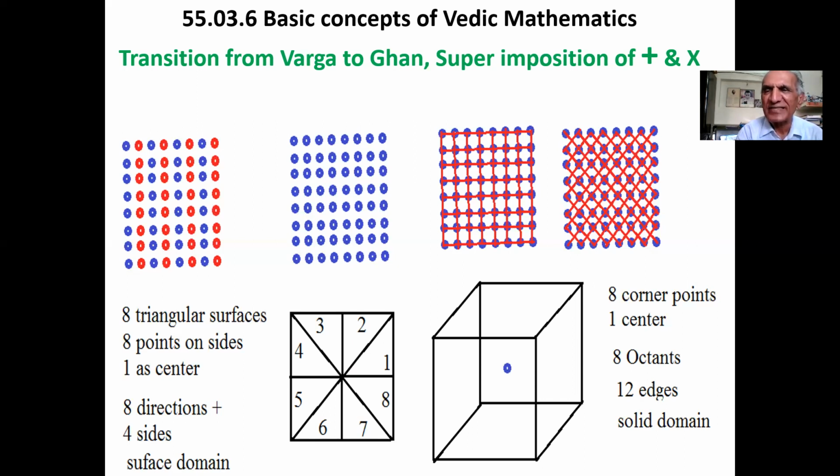We have to transit. It is only with this transition that we will be having a transition from the mental state of the linear order modern mathematics to spatial order Vedic mathematics.